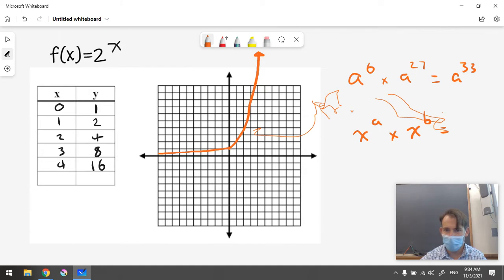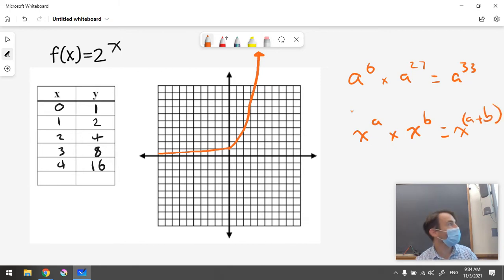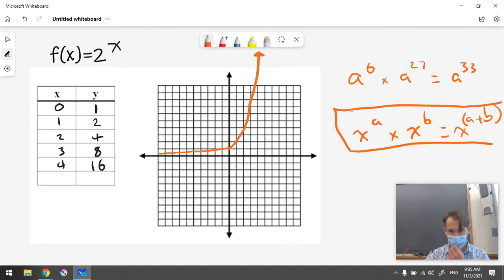No, it's not ab. What is it? Yeah, this is x to the a plus b. X to the a plus b. So that's my general rule that I want to remember. That's always going to solve these problems for me.